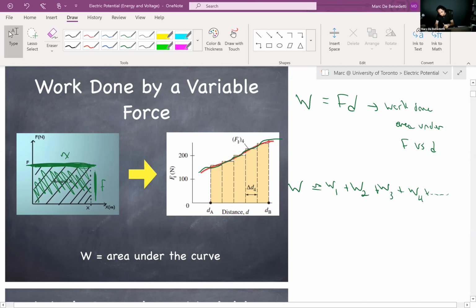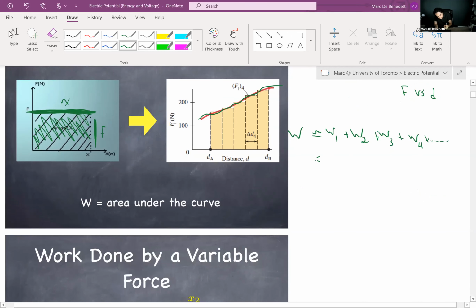For each individual rectangle, I'm going to pretend that the force over a small rectangle is constant, and then multiply by the width of my rectangle. Then in my second rectangle, my force will be slightly different. So F2 delta x, and then F3 delta x, and then F4 delta x. And it goes on and on until you're done.